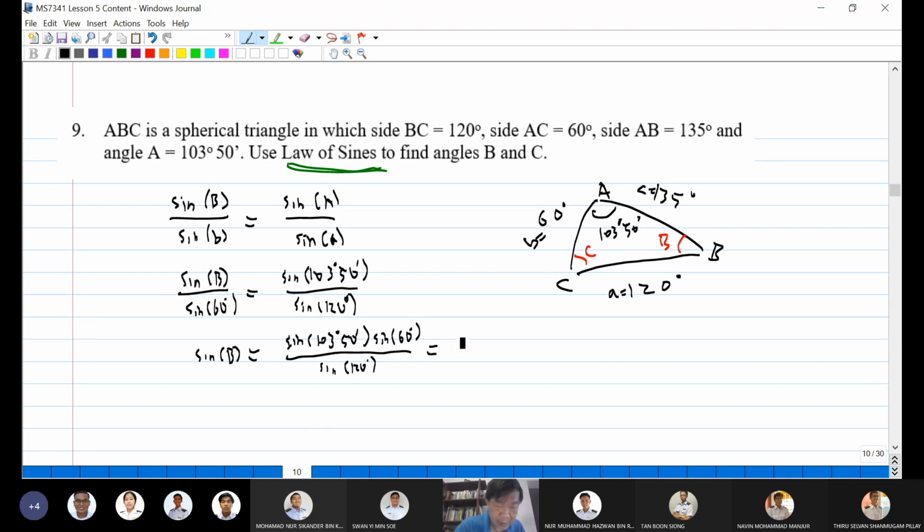Okay, 0.9710. So B equals sine inverse of the answer. So this will give you sine inverse, and then convert to degrees and minutes here: 76 degrees 10 minutes.